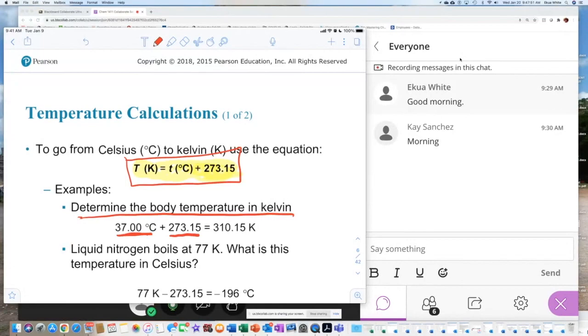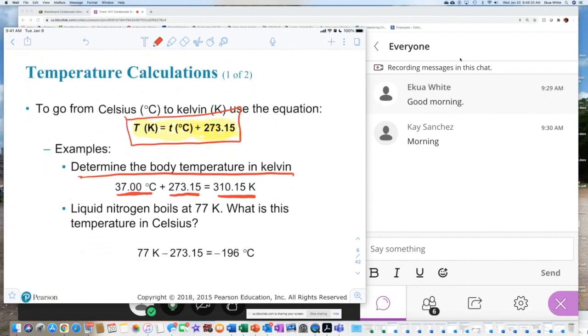I think it's helpful for you to work it out yourself, because the goal is for you to know how to use your own calculator. When I work it out, I get 310.15 Kelvin. We haven't worked on significant figures yet, so I won't talk about rounding up or down just yet. We'll talk about it when we get to it.